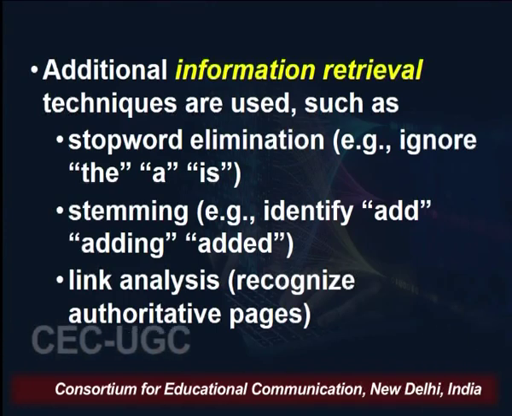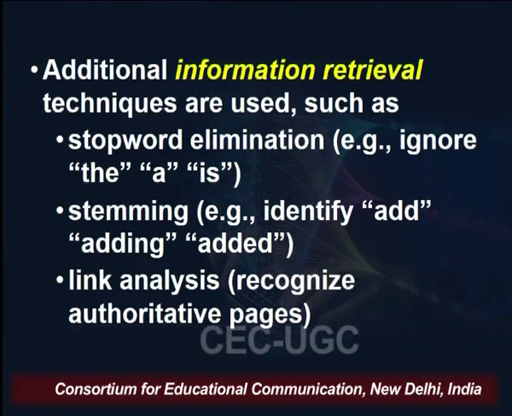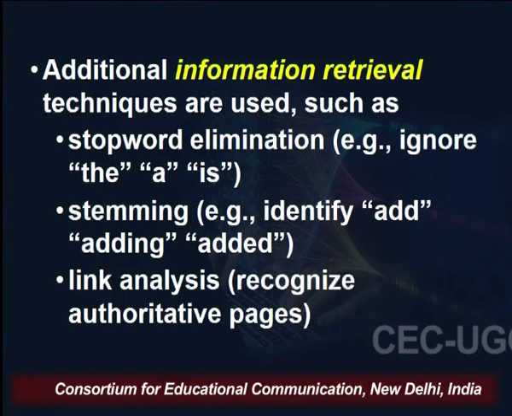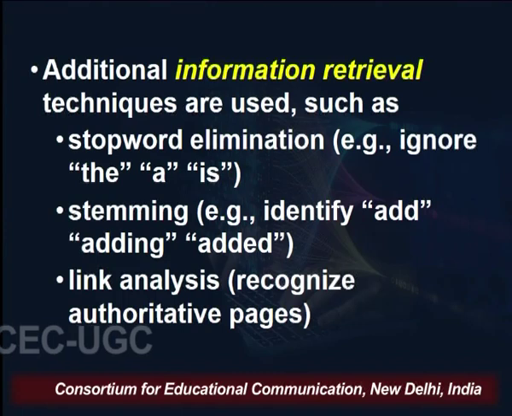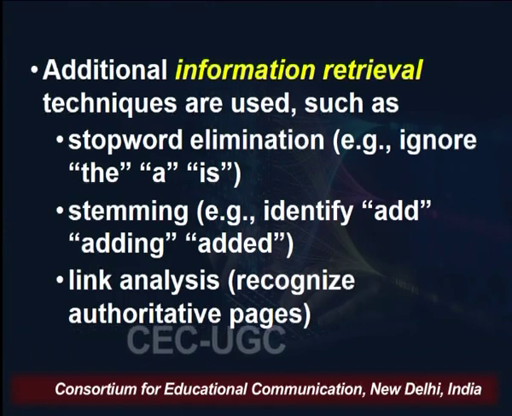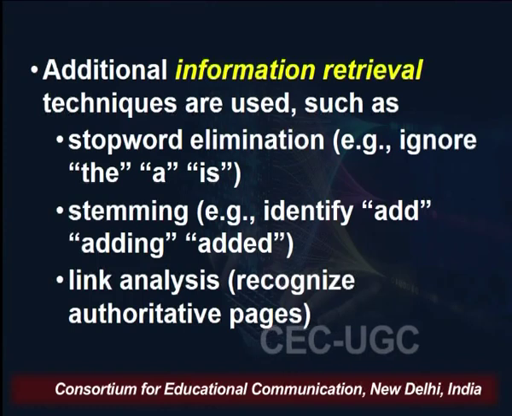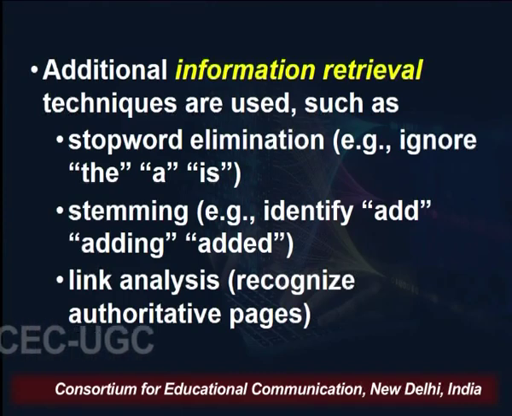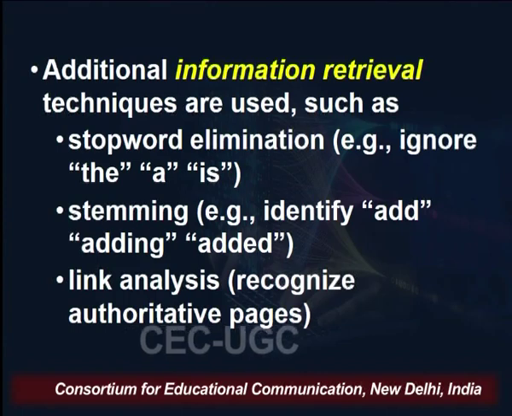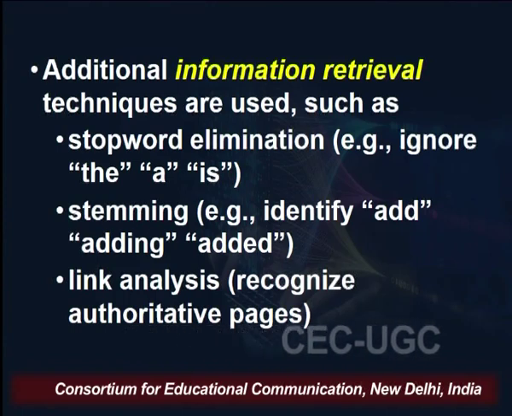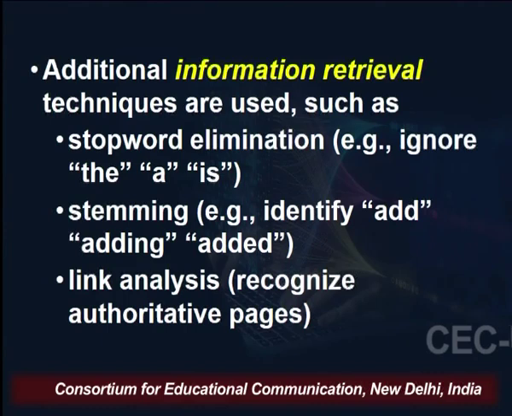For example, we can have stop word elimination, or we can have stemming, which is to identify add along with adding, or to identify edit, and some link analysis can also be done. Another very useful application of trie is in internet routers.